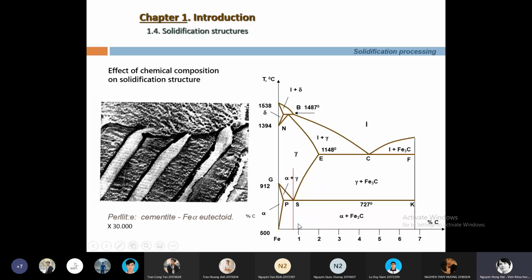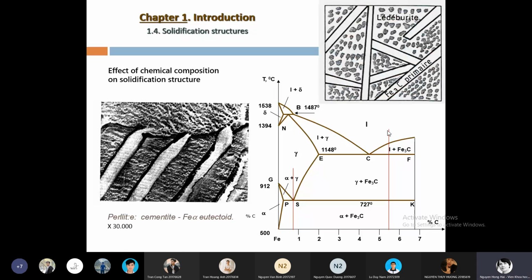If the content of the carbon is low enough, 0.8%. So if the content of carbon is much higher, maybe 5.5%, you have absolutely another structure. We have the primary cementite, like this, and within them we have the ledeburite.